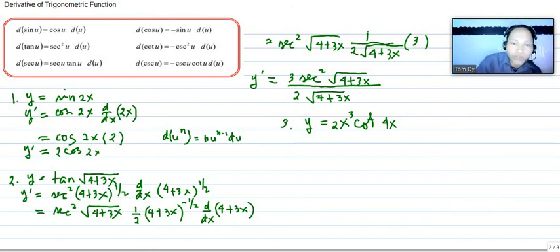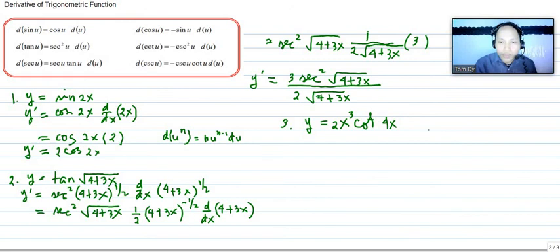If you have noticed, we have here 2x cubed and we also have cotangent of 4x. So this is an algebraic function, and then this is a trigonometric function. So this is a combination of two functions.